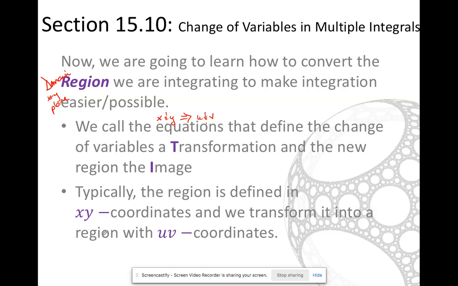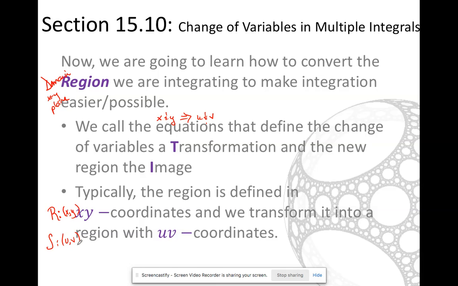Typically, it doesn't have to be, but typically the region in the XY plane is called R or sometimes D. And the points, of course, have the coordinates, and so do the equations, x and y. The new region, the image, is called S, where the coordinates in the equation are in u and v.